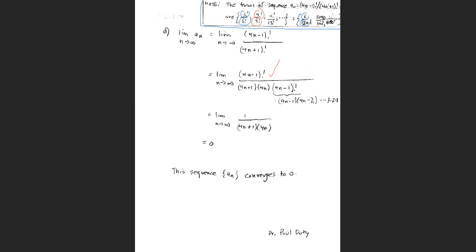The denominator is clearly bigger than the numerator because 4n plus 1 is larger than 4n minus 1.